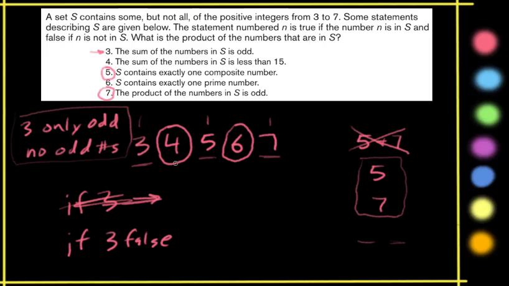Okay, so it would have to be either 4 or 6. Oh no, wait, but we're saying there are no odd numbers, which means it doesn't contain exactly one composite number. So in this case, it would have to be either 4 and 6 or neither. Not one or the other.